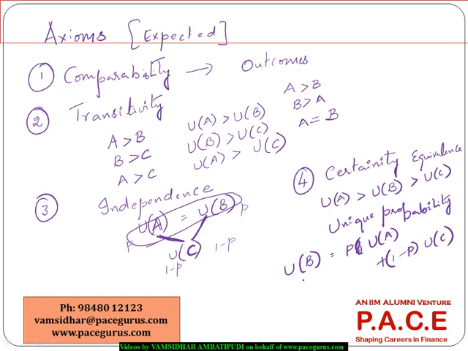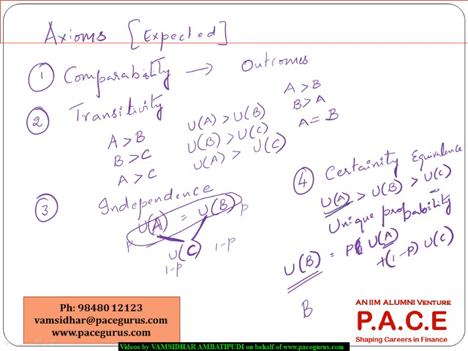So, the investor can really be indifferent between investment in B versus a proportion of investment in A and the remaining proportion of investment in C. There always exists one single probability P with which you can construct the equivalence of the utility of B. So this is where we call B the certainty equivalent of A and C. A is something where the utility is much higher.